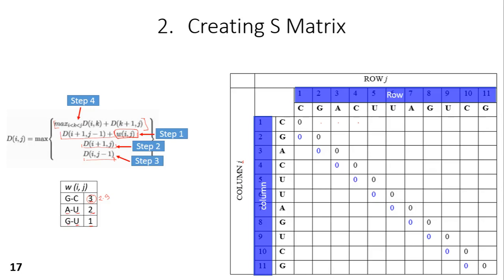So for the time being, as far as our RNA secondary structure prediction is concerned, it will be enough for you to appreciate that if base pairing occurs, when you are solving this S matrix, you would have to add this weight value that corresponds to free energy release during such base pairing.